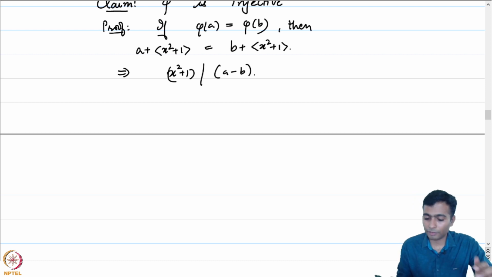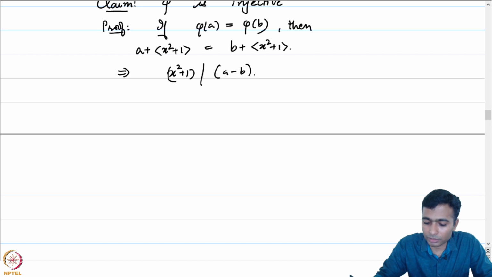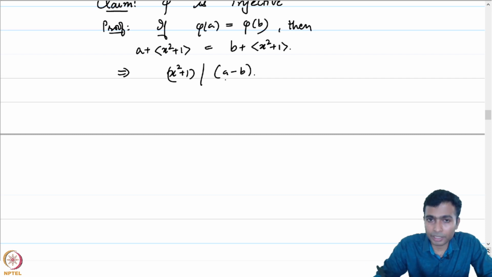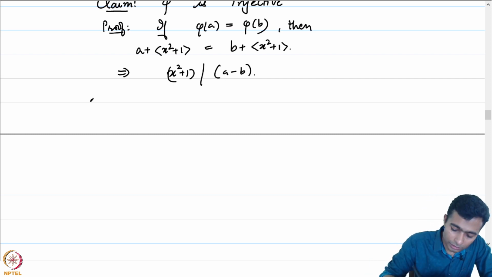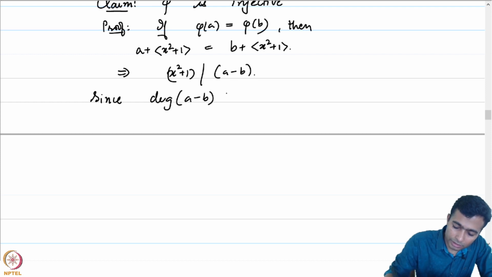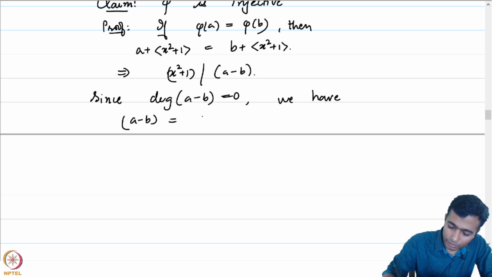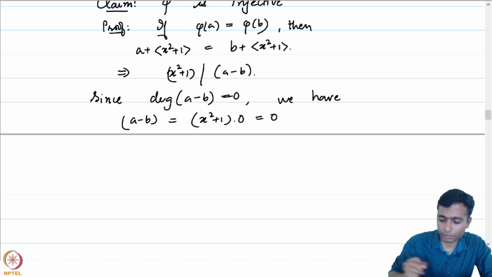Any multiple of x square plus 1 should have at least degree 2, or else it should be the 0 polynomial. So A minus B having degree 0, we have A minus B is equal to x square plus 1 times 0, which is equal to 0.